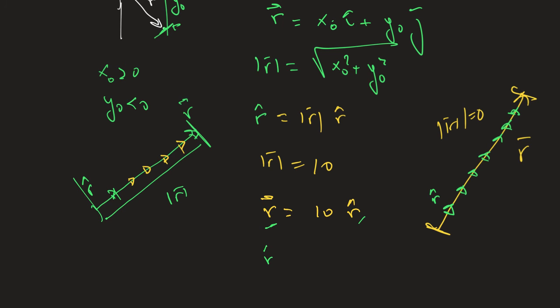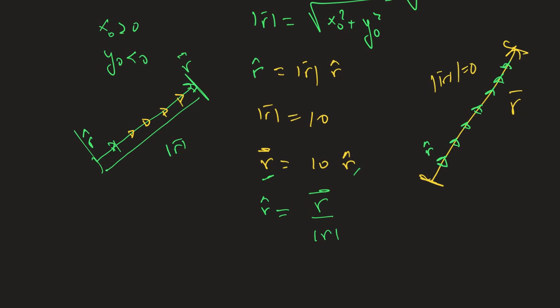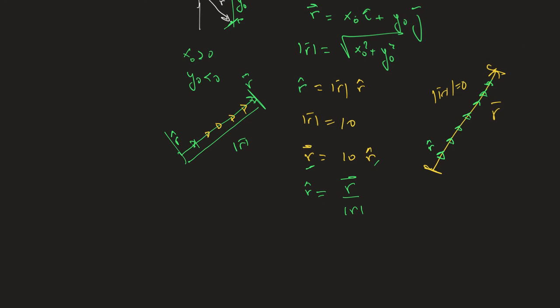So the unitary vector is obtained by taking the vector r and dividing by the magnitude of r. So I will do it again. I have already, from step 2, the magnitude of r. So who will be the vector with magnitude 1?